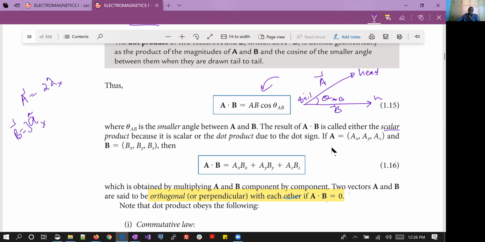Okay, so if you wanted to find the dot product A dot B, this would be equal to 2 times 3, and AX dot AX is actually 1. The product of AX dot AX is equivalent to 1, and therefore the answer becomes 6. Therefore, this is a scalar, it doesn't have any direction.